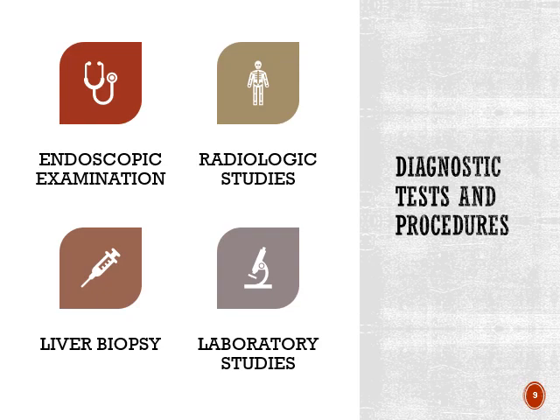And if there's a stone stuck in the duct there, he can pull it out maybe with a basket. He can't go into the gallbladder though, but he can go into the duct. That's the ERCP. That's pretty cool too.